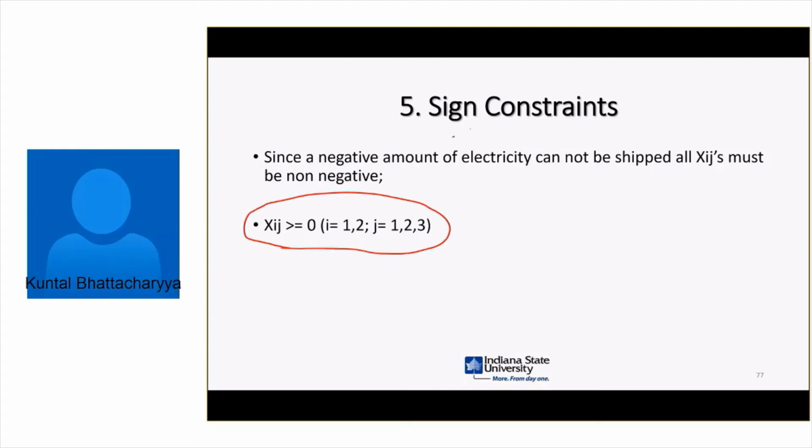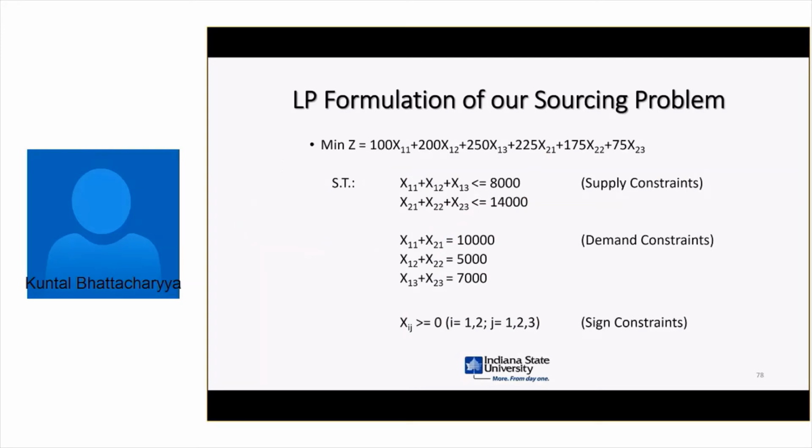So if you want to put this all together, this is what a linear program, or an LP, means. This is a very standard optimization approach. The formulation of our problem is in 3 parts.